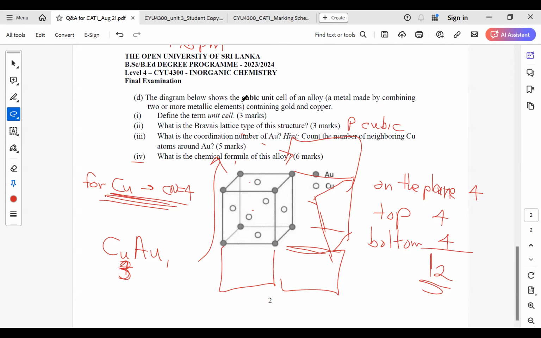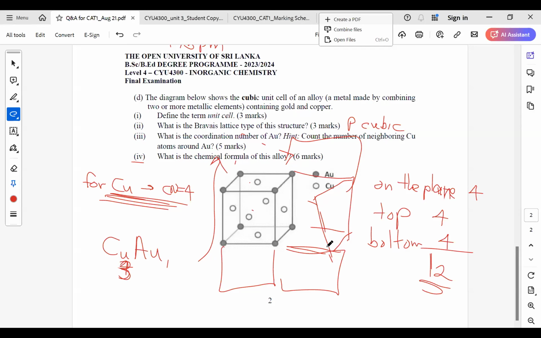Any other questions? Madam, that structure is similar to the body centered cubic type, but not the face centered cubic structure. Is it? Yeah, so the Bravais lattice type here is primitive cubic. These copper atoms are not considered as lattice points in this structure.